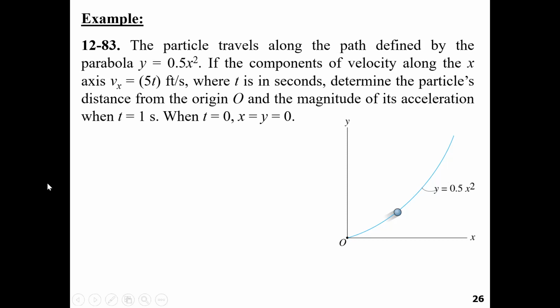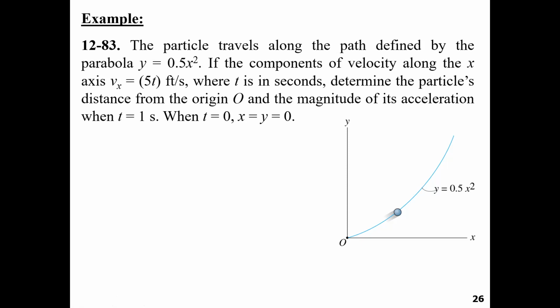It doesn't say how much is Vy. It says determine the particle's distance from the origin O when t is 1 second. And it says initially the particle starts from the origin. So x0 is 0, y0 is 0 at t equals 0.